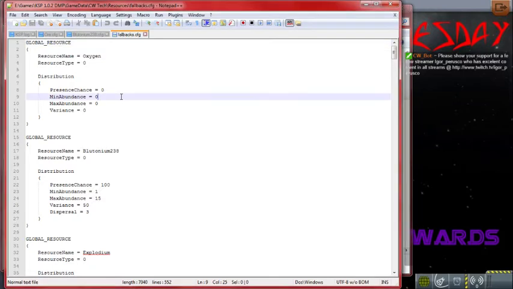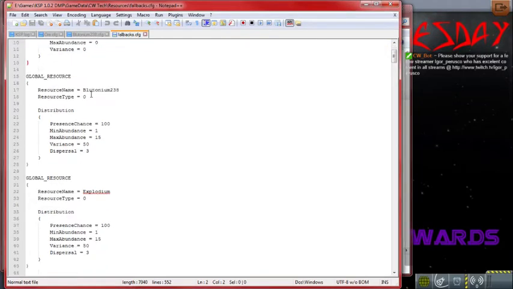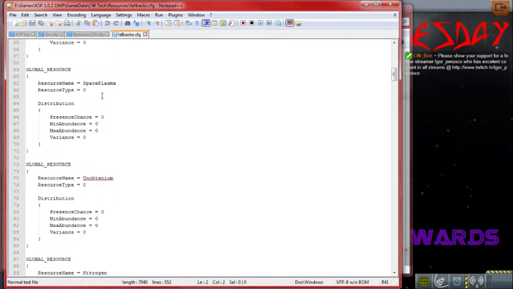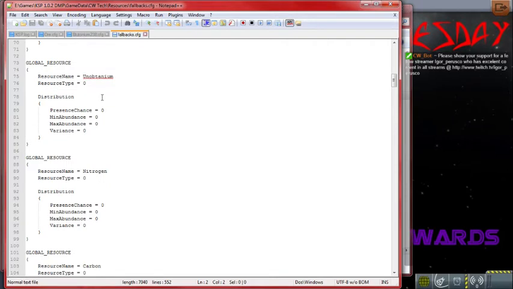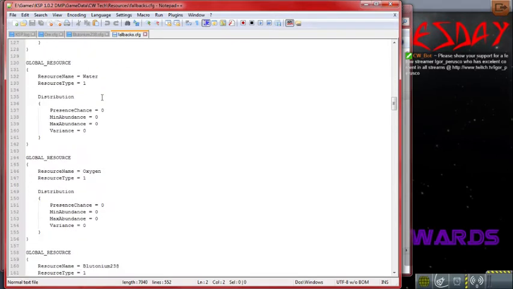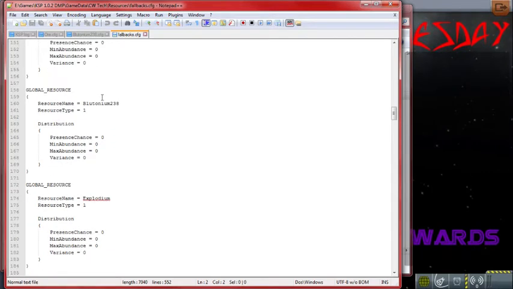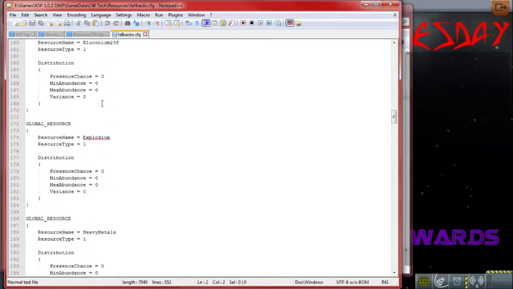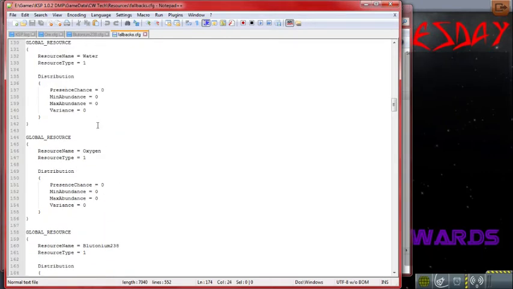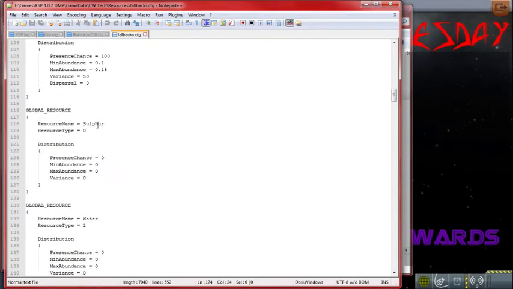So let's take a look at the fallbacks. I have definitions for oxygen, plutonium, explodium, heavy metals, space plasma, unobtainium, nitrogen, carbon, sulfur, water. Oh wait, hang on. Didn't we just go through them? Yes, we did.